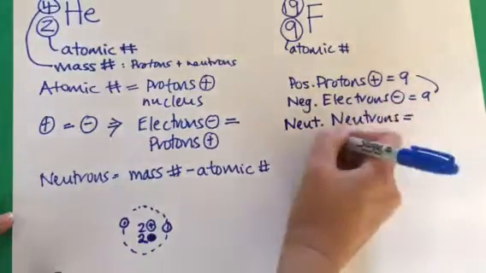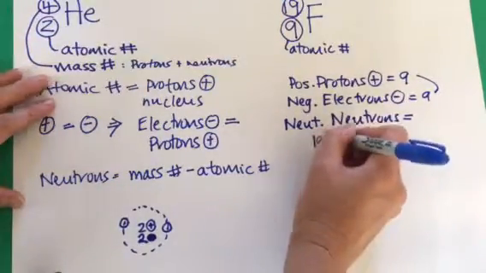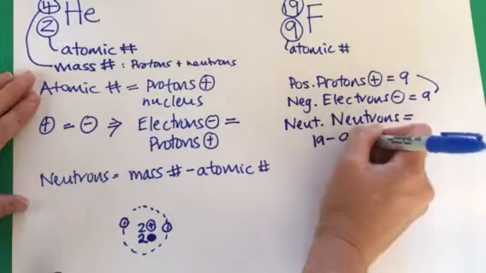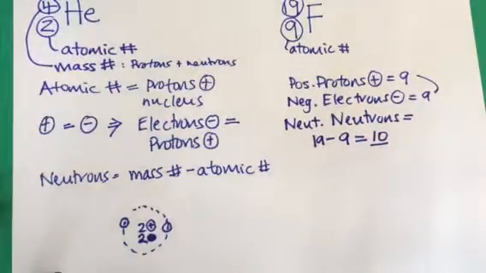In this case, I'm going to take 9 from 19 and get 10 neutral neutrons.